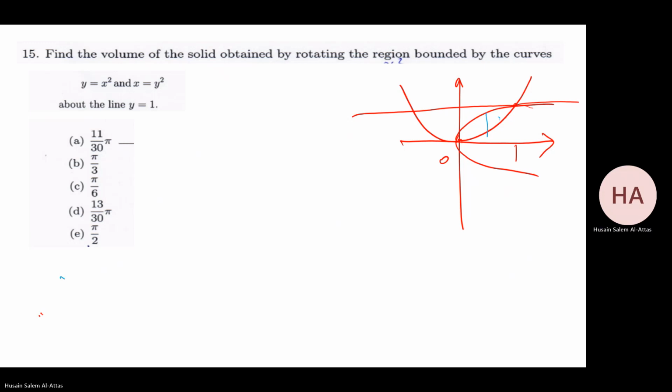Okay. So now the outer radius, be careful now, the bigger one, R of x will be this one, which is 1 minus x squared. Also we need to be careful. This means y equals plus or minus square root of x.